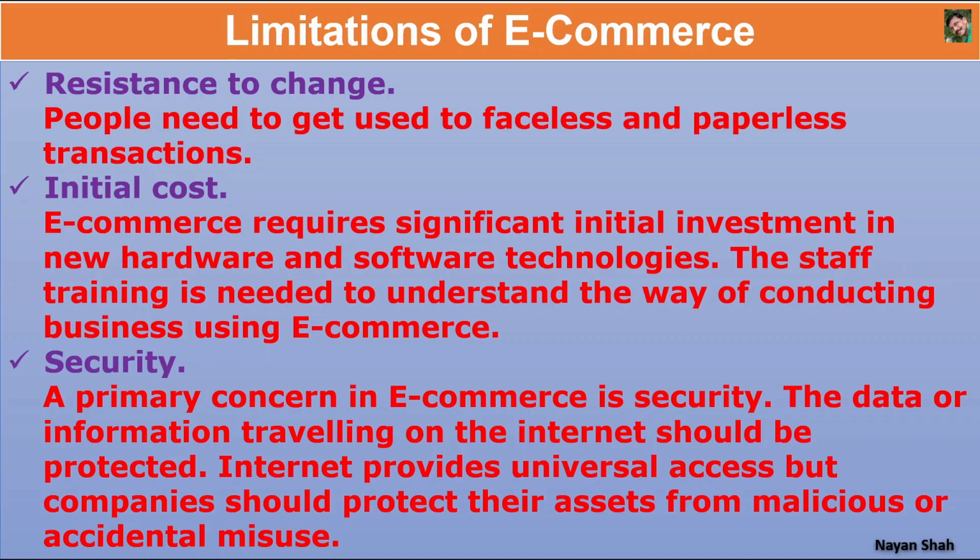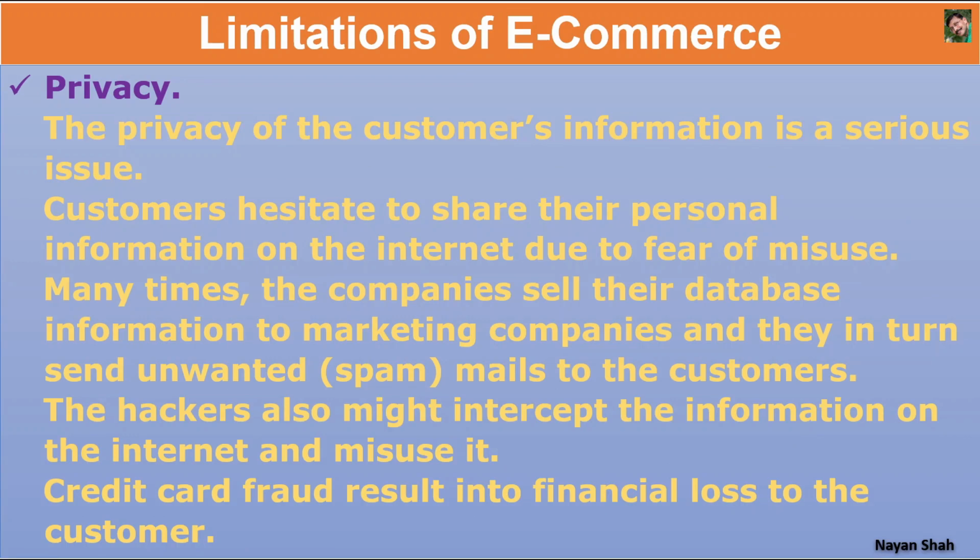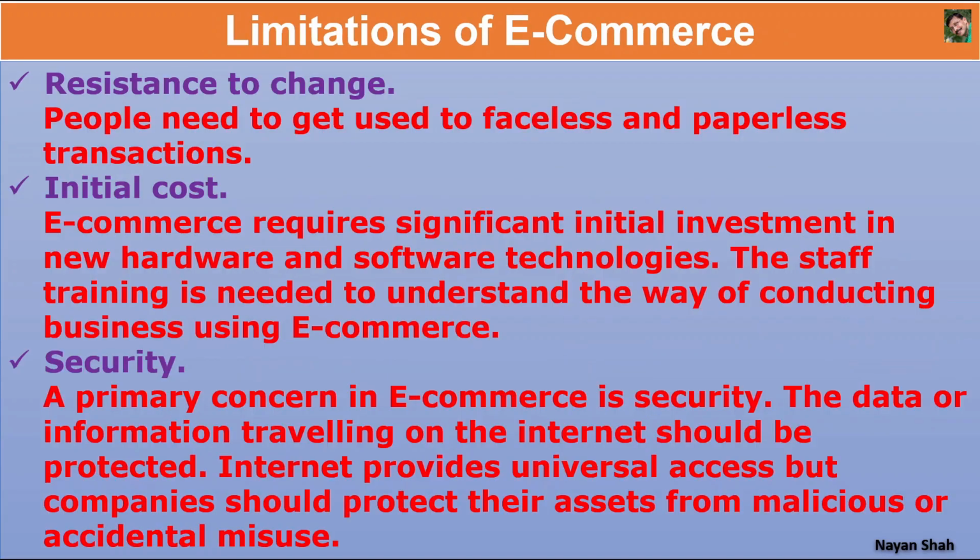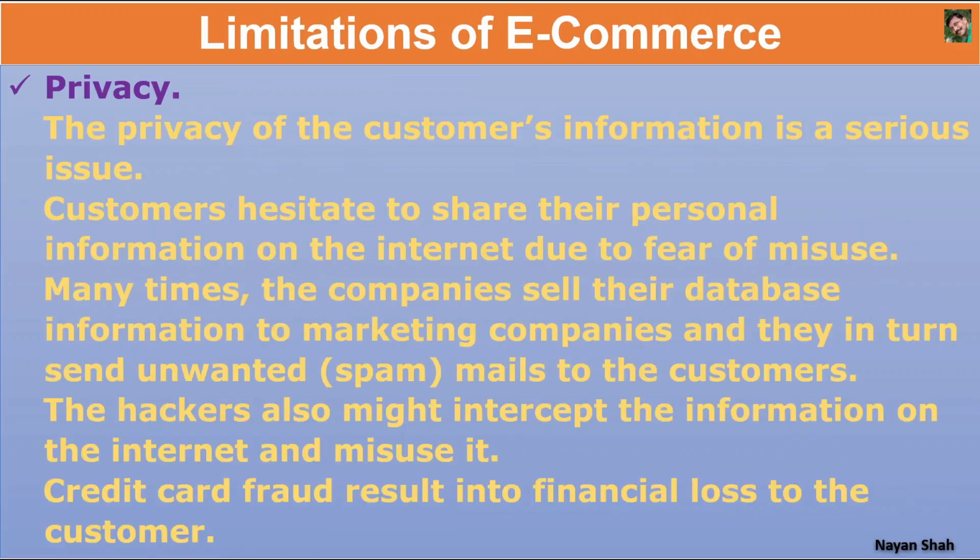Third is security. I would request that you understand the security point very clearly, because the next topic is privacy and both are almost the same. But the Gujarat board, when they ask a question, sticks to the sentence formation given in the textbook. In security, it is said that a primary concern in e-commerce is security. Whereas in privacy, it says the privacy of the customer's information is a serious issue.